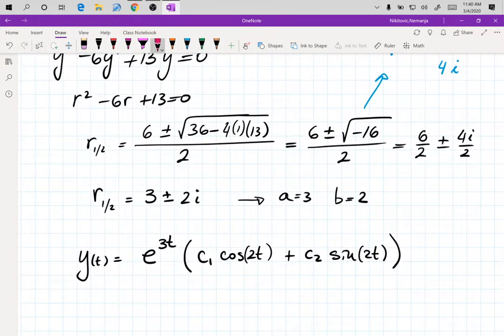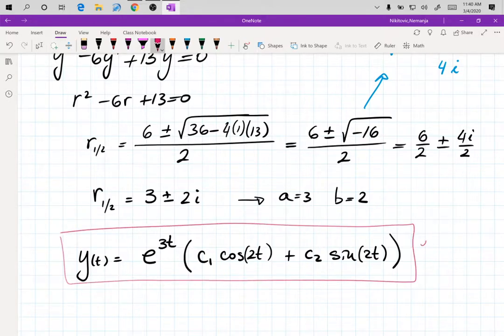And that would be the general solution to the problem. When we have complex roots, this is the topic for today.